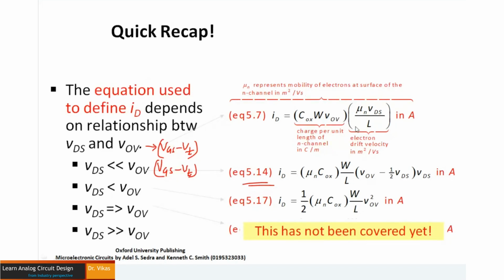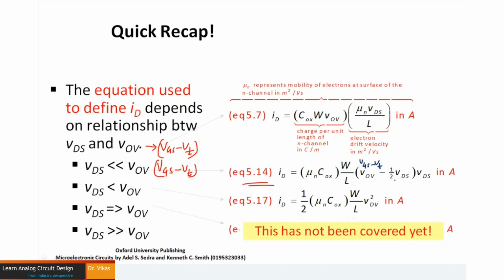That means my entire MOSFET will be present in the triode region, or in the linear region. So it is mu n Cox W by L times VOV, and VOV I can replace with VGS minus VT, which normally we do. You can write it as VGS minus VT minus 1 by 2 times VDS, times VDS.